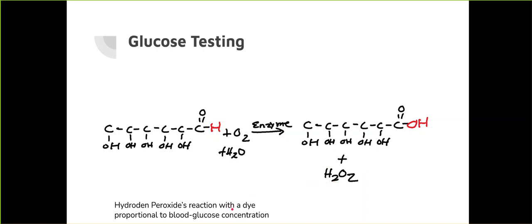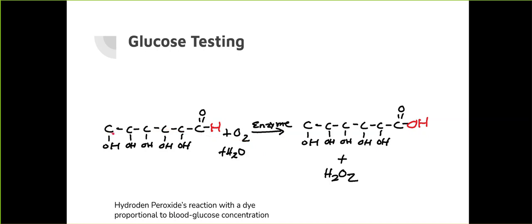It will react with a dye in a way that's equivalent to how much glucose is in your bloodstream. And so what they do is they're not actually measuring the glucose itself. They're actually measuring how much hydrogen peroxide you get out of this oxidation reaction.